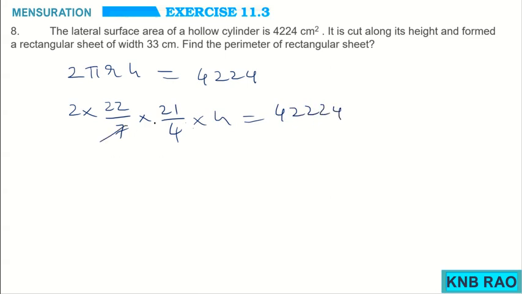Now 7 3s are 21, 2 2s are 4, 2 11s are 22, so 33. 11 into 3 is 33. If it comes this side, it divides.